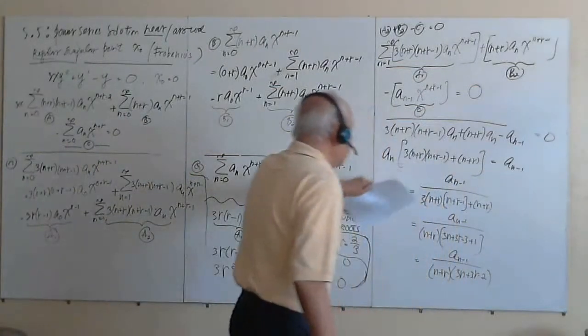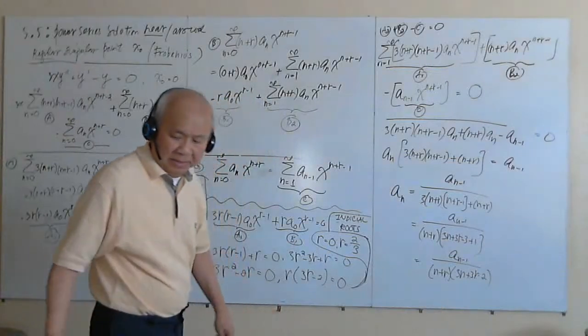This one is the correct solution. So this is what they call a recurrent relation.